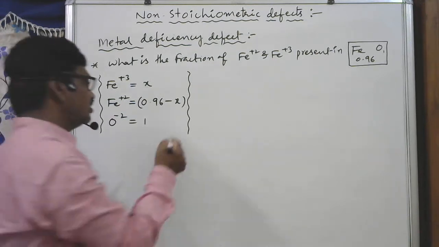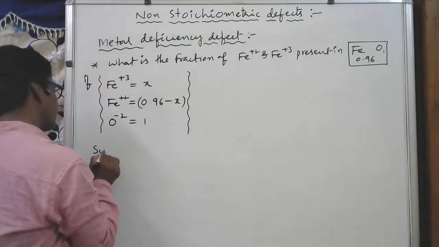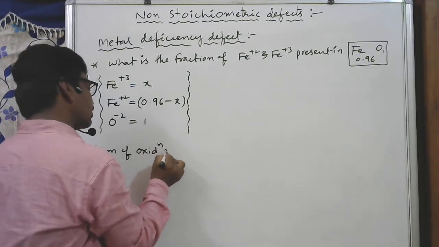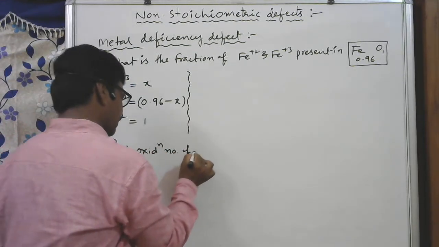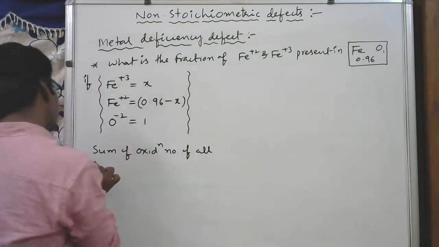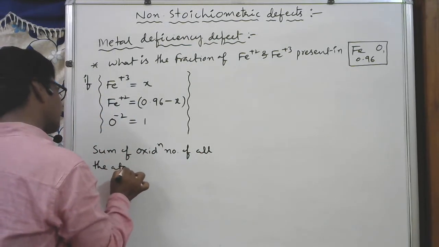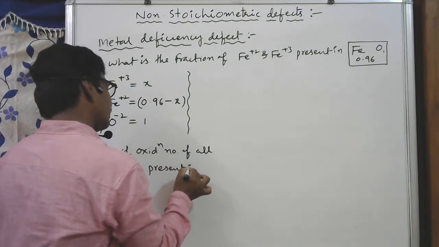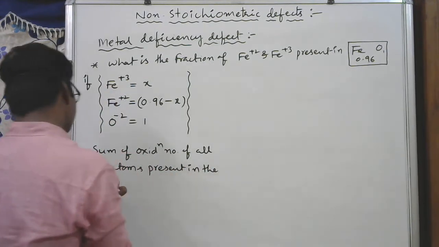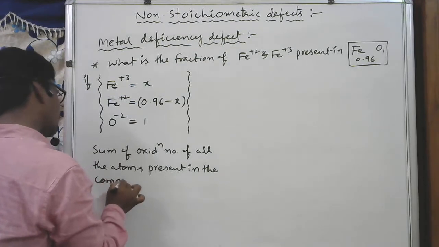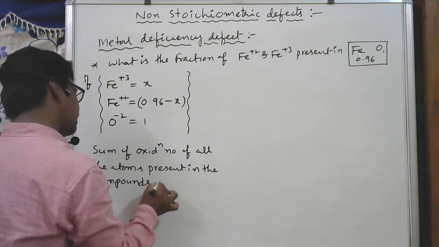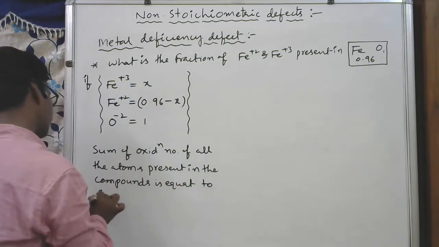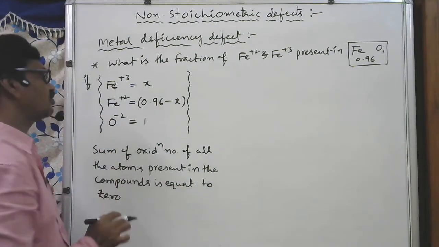Okay, now this concept: the sum of oxidation numbers of all the elements, otherwise all the atoms present in the compound, is equal to 0 for a neutral compound. See, this is neutral only.